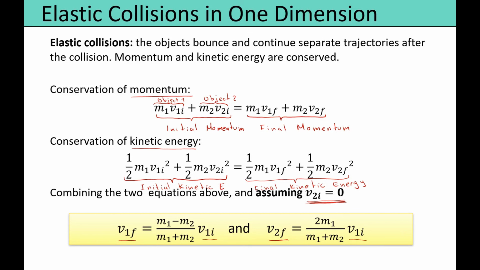The initial velocity of object 2 doesn't appear here because remember the initial velocity of object 2 was 0. So all we need to know then to find the final velocities of object 1 and 2 are the initial velocity of object 1 and the mass of each of those objects, so mass 1 and mass 2.